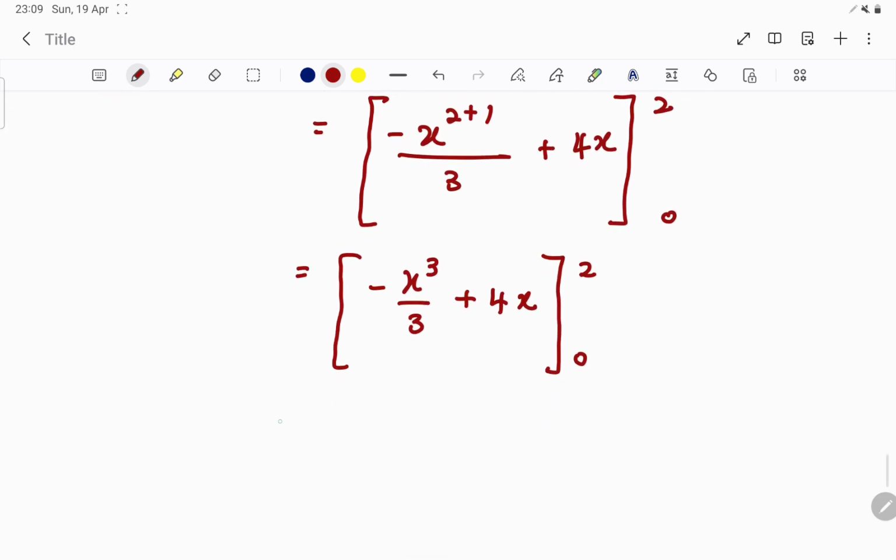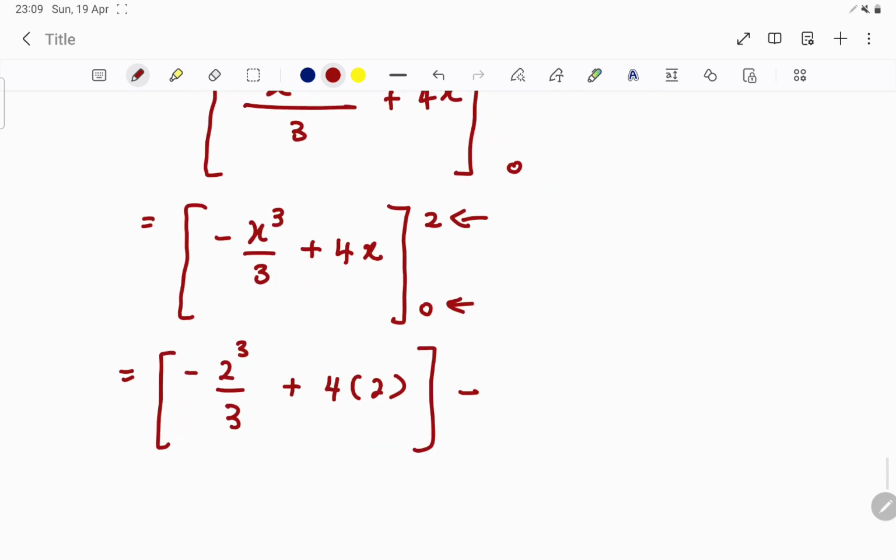Substitute the upper limit first: negative 2 to the power of 3 divided by 3 plus 4 multiplied by 2, minus, substituting x equals 0, the lower limit, negative 0 to the power of 3 divided by 3 plus 4 multiplied by 0.